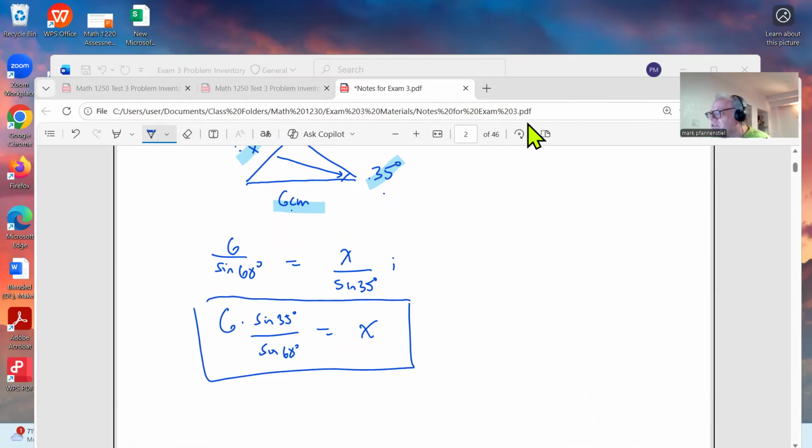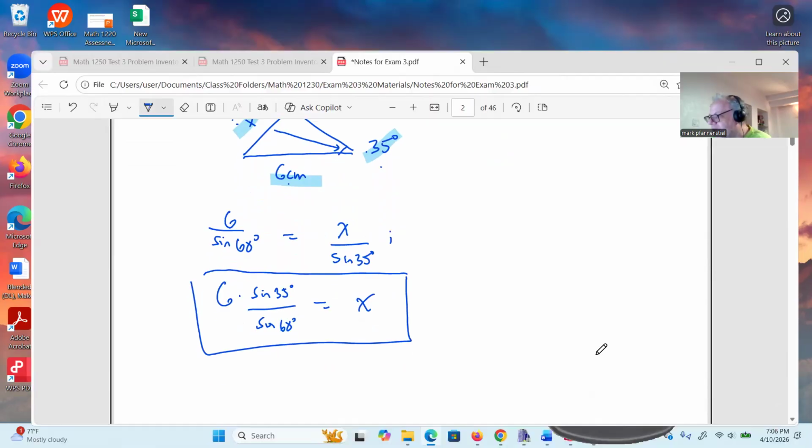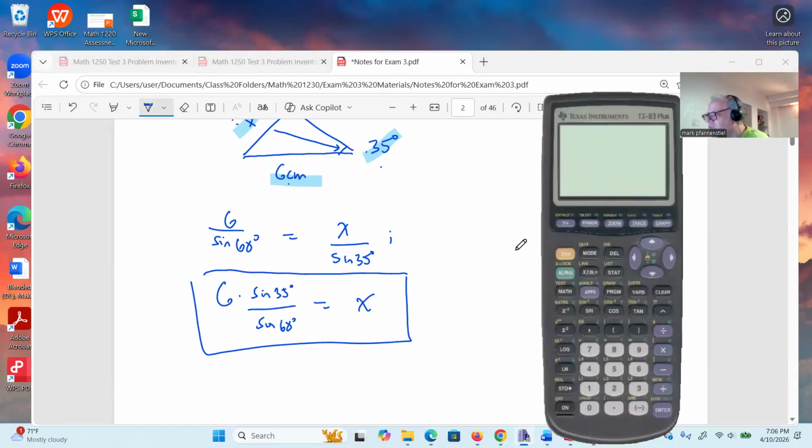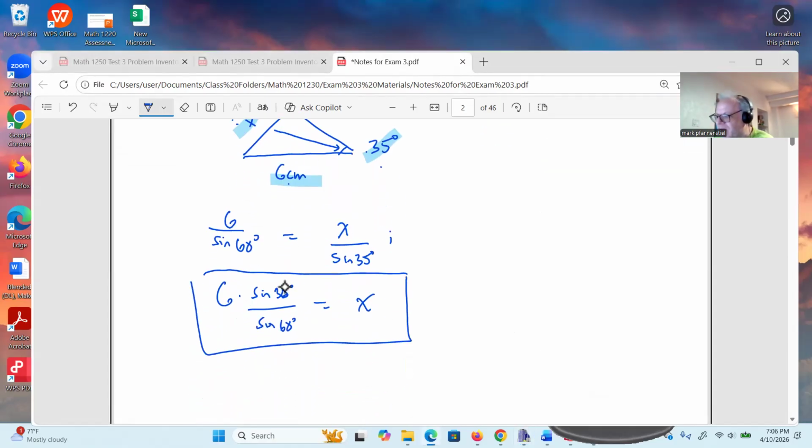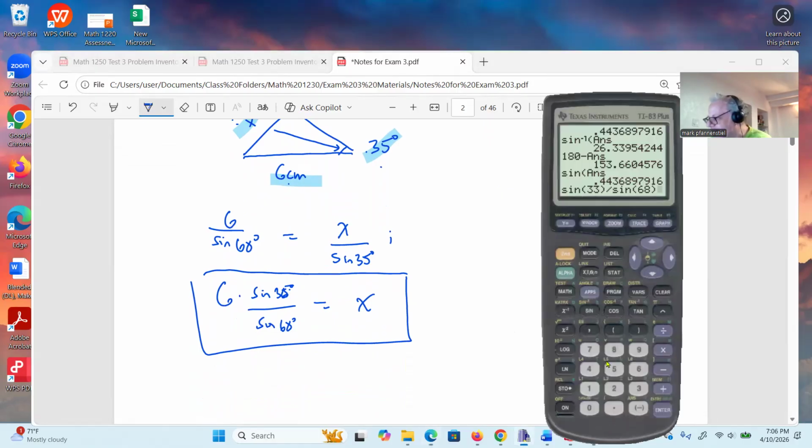Let's move my calculator here. Double check that I'm in degree mode. So we want the sine of 35, don't forget to close your parentheses, divided by the sine of 68, closing that parentheses, times 6. Actually, I said 33 instead of 35, so sorry about that.